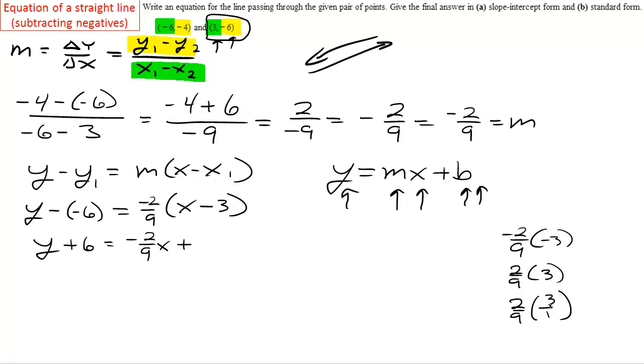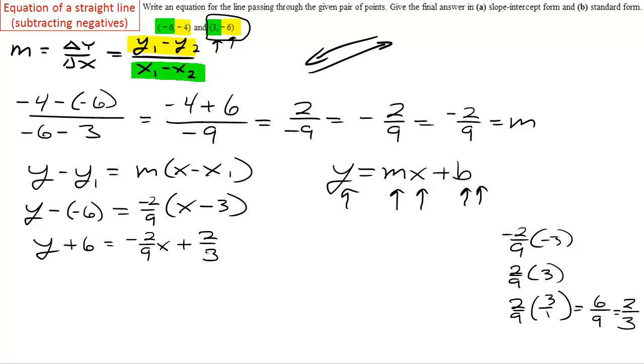And you can reduce if you want, or just do the multiplication straight across. 2 times 3 is 6, 9 times 1 is 9, and then now you can reduce by dividing top and bottom by 3. And there's your final answer, plus 2/3.